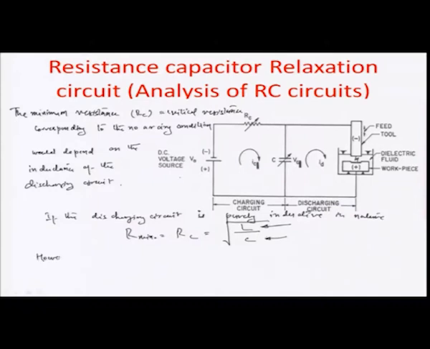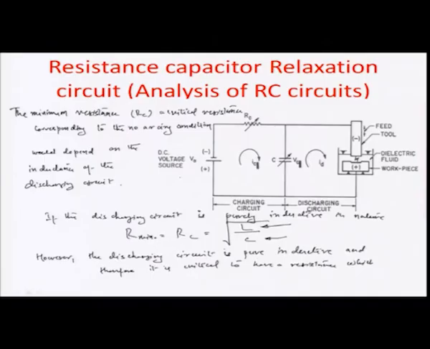However, the discharging circuit is hardly purely inductive, and therefore it is critical to have a resistance which is at least 30 times the R minimum value as shown here.